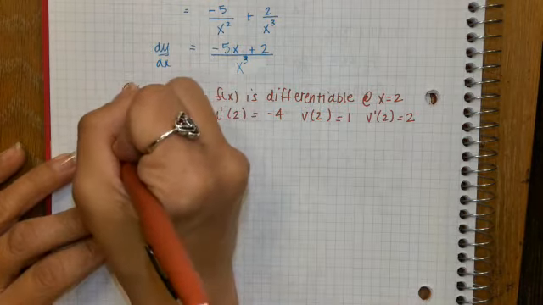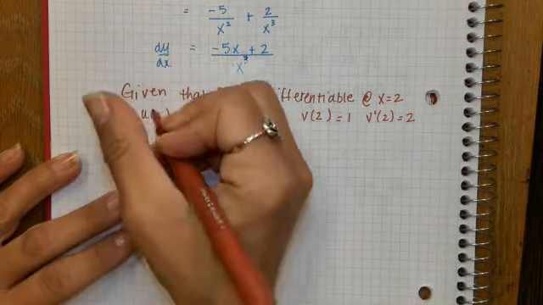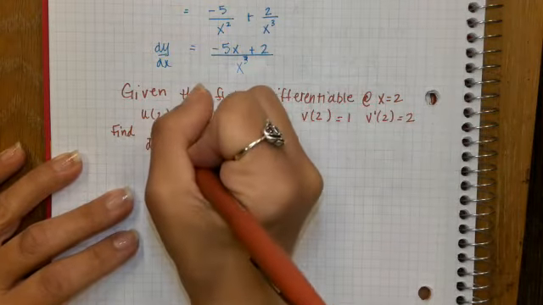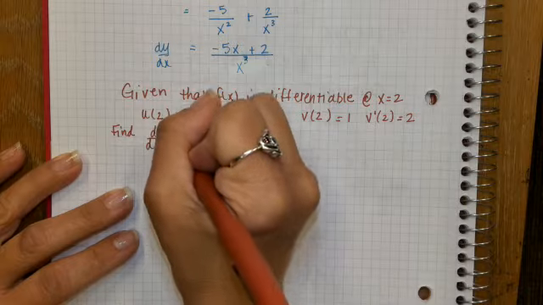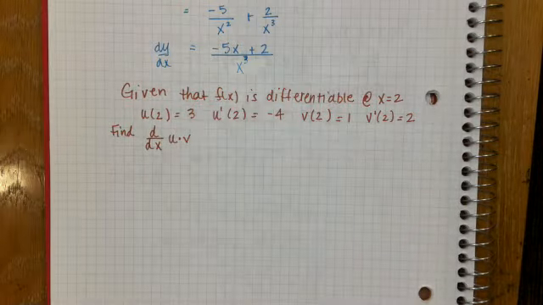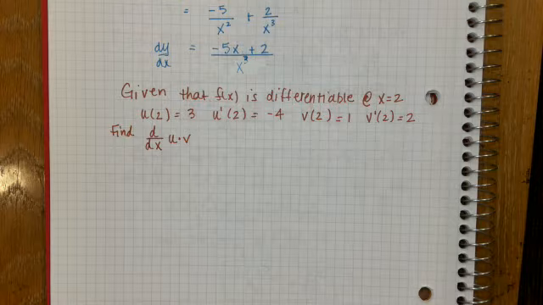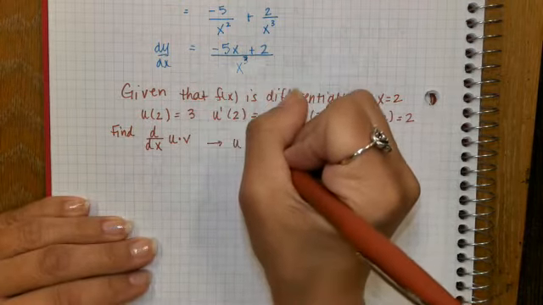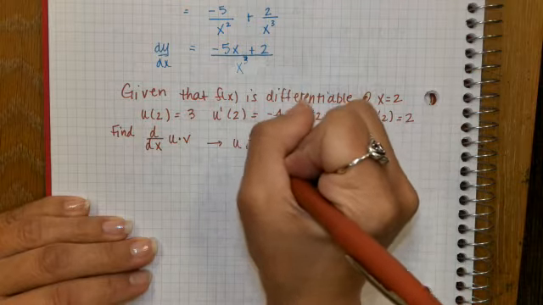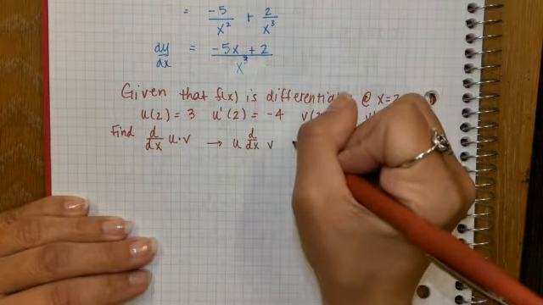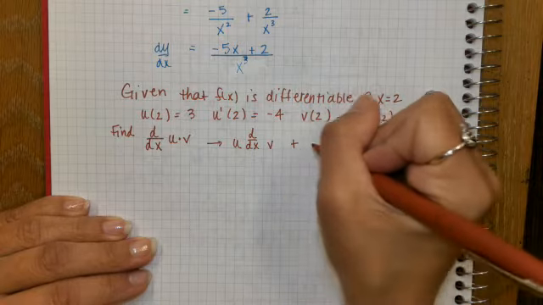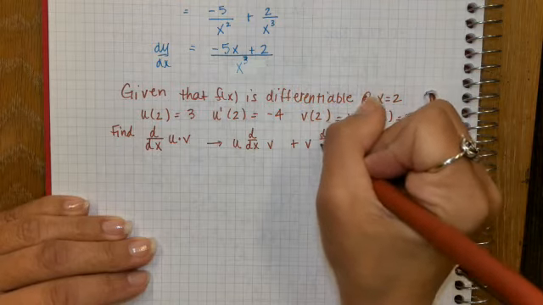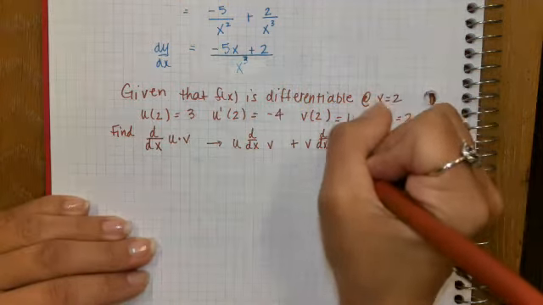Let's evaluate the derivative of uv. I recommend, until you get good at it, this is u times the derivative of v with respect to x. You'll get good at it, I promise. Plus v times the derivative of u with respect to x.